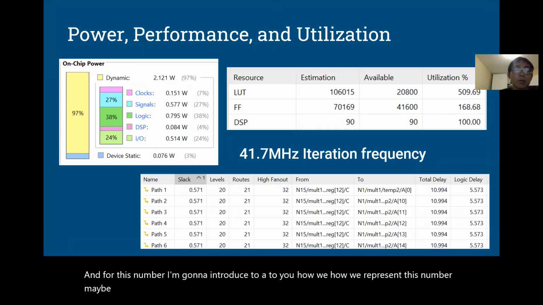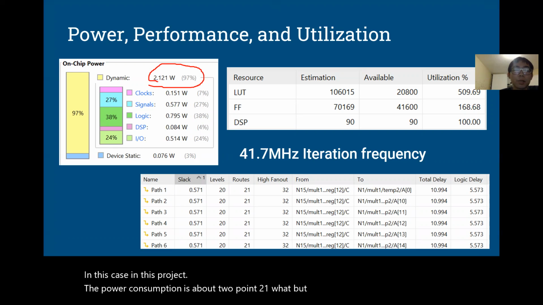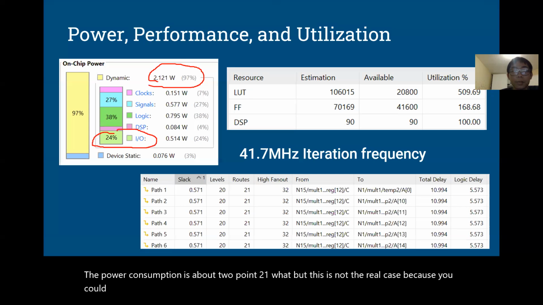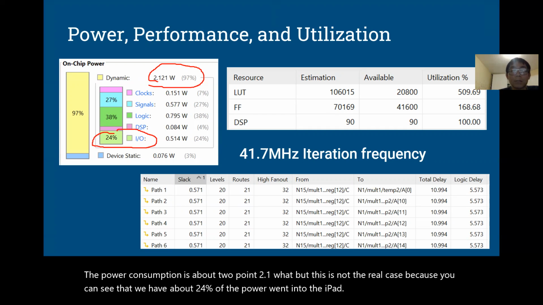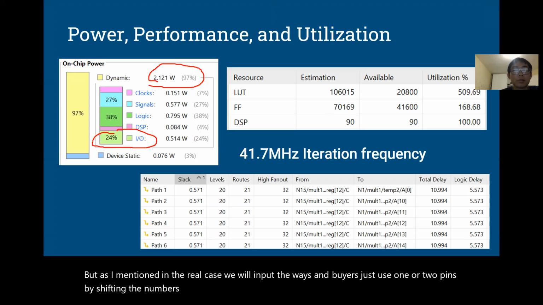So we get into the power part. In this project, the power consumption is about 2.1 watt. But this is not the real case, because you can see that about 24% of the power went into the I/O pad. But as I mentioned, in the real case, we will input the weights and the bias using just 1 or 2 pins, by shifting the weights and the bias byte by byte into the registers.